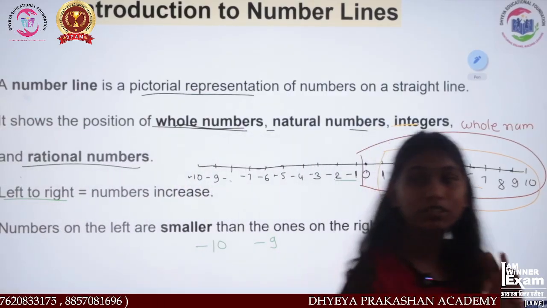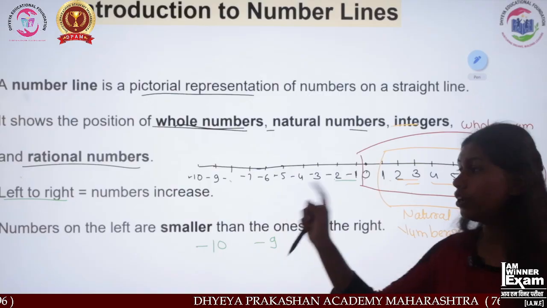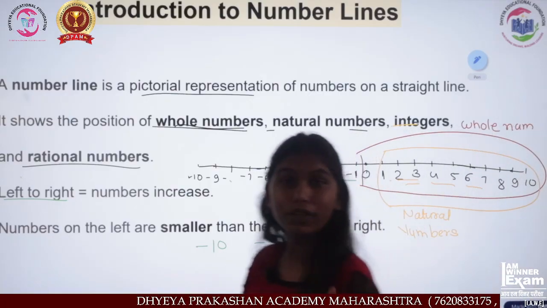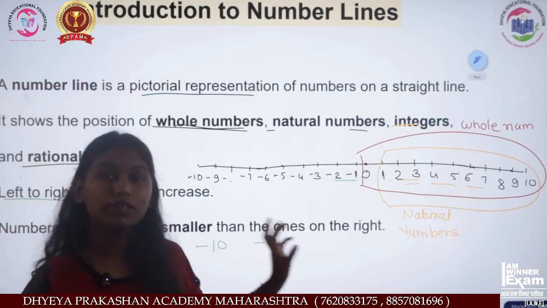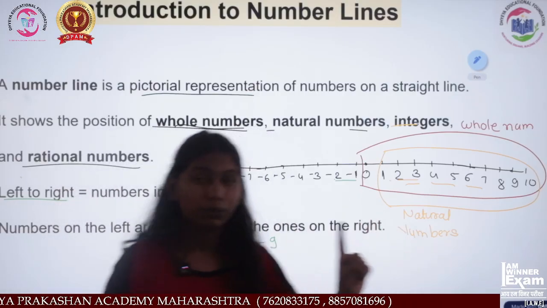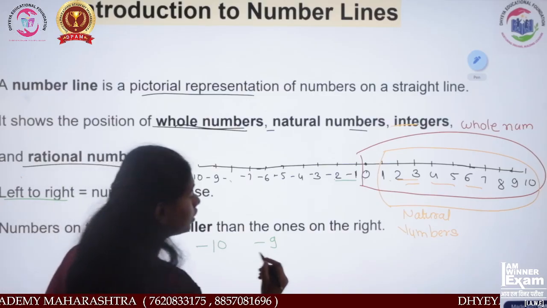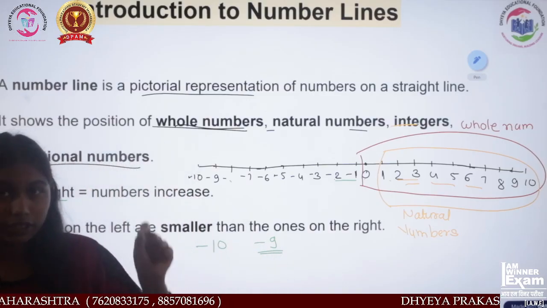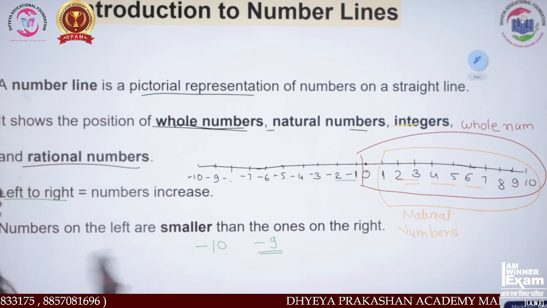But what I just told you is that in terms of minus, the smaller number is always bigger. Now it is minus 10 and minus 9. These both terms are negative. Which one is bigger? That is 9. Why? Because in terms of minus, the small number is always bigger.